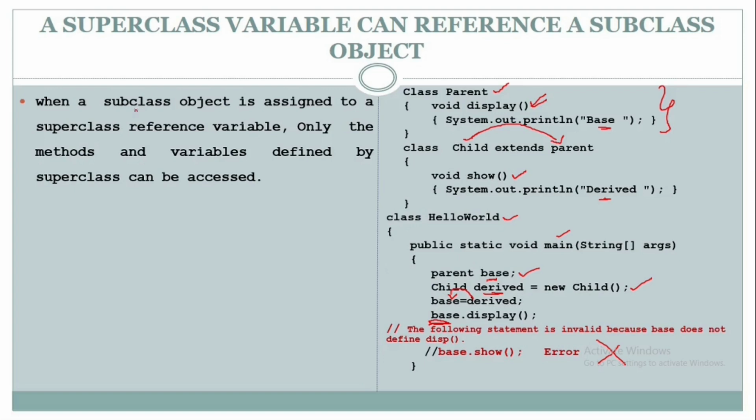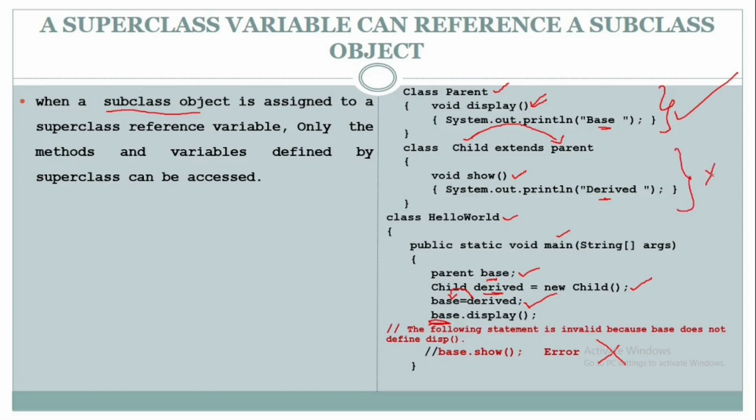As you can see, derived is a subclass object that is assigned to a superclass reference variable. As you can see in this statement, when a subclass object is assigned to a superclass reference variable, then this superclass reference variable, that is base, can access the methods and variables of the superclass only. It cannot access the methods and variables of a child class.